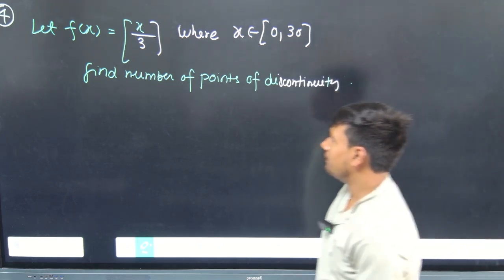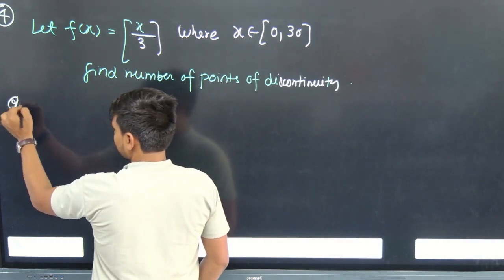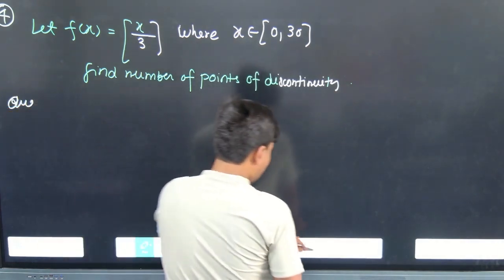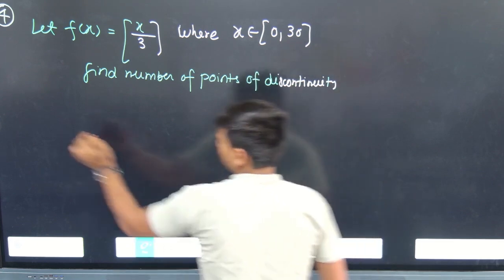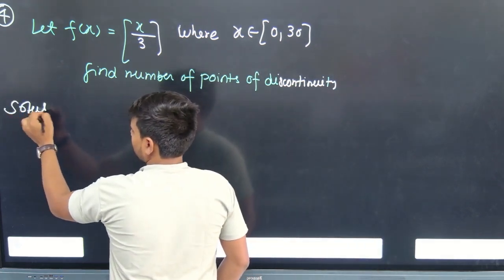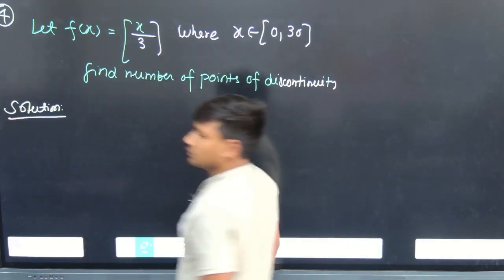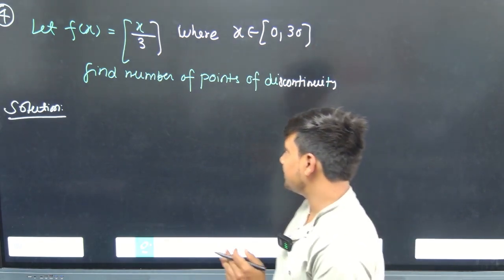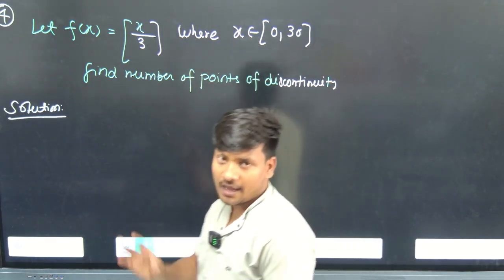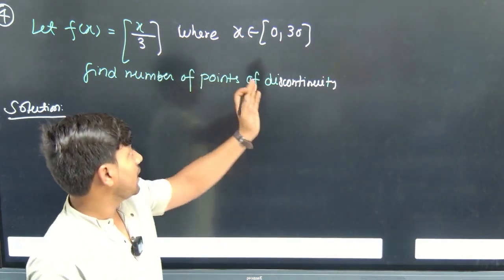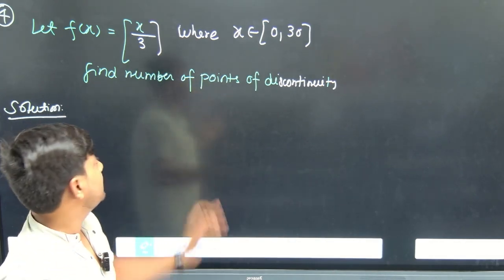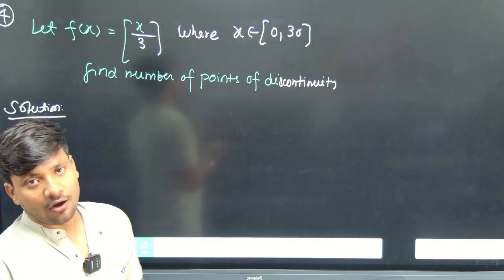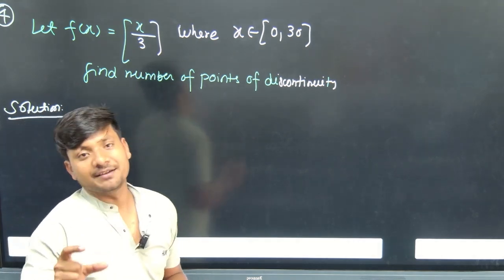So here we have been given a function, the greatest integer of x by 3, and x belongs to 0 to 30. We have to check where the function is discontinuous, and after that we will discuss the number of points of discontinuity.